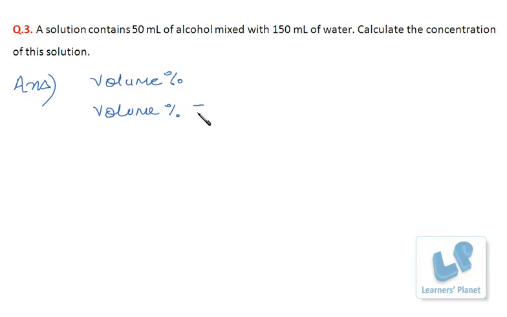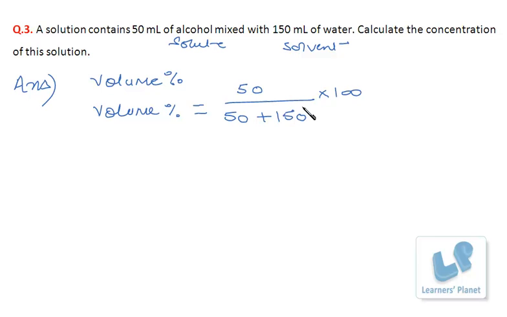In this case, what will be the solute? Alcohol will be the solute and water will be the solvent. So what is the volume of alcohol in the solution? It's 50 divided by 50 plus volume of water 150, multiplied by 100. So this will give the concentration.